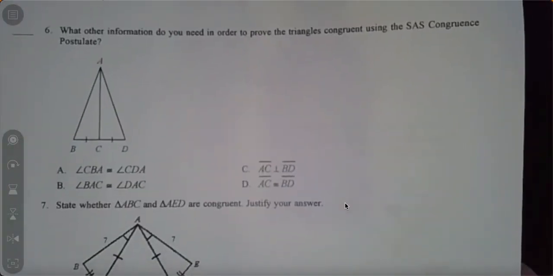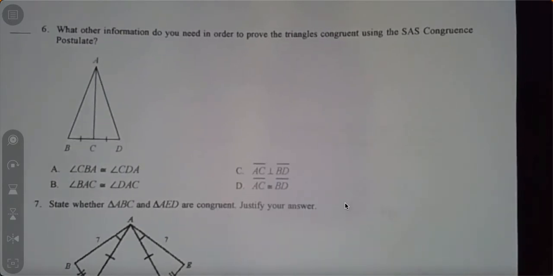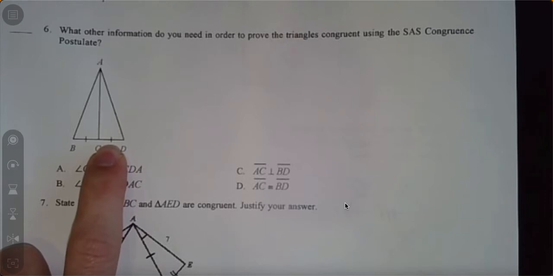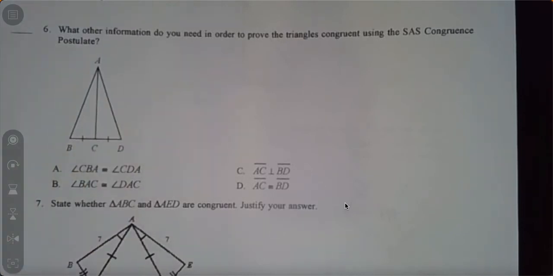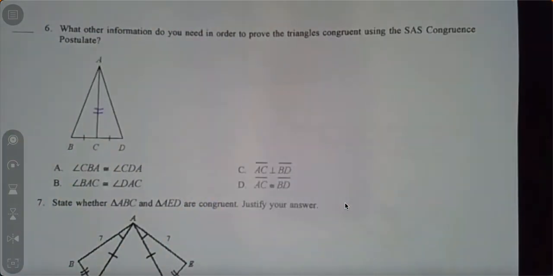Number 6, what other information do you need to prove the triangles are congruent by using side, angle, side? Well, what do I know? I know this side and this side. Is there another side that I know? By reflexive property? Yeah. So can I just write that right there?